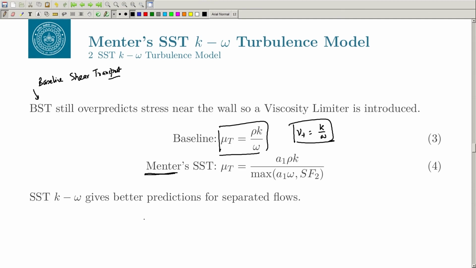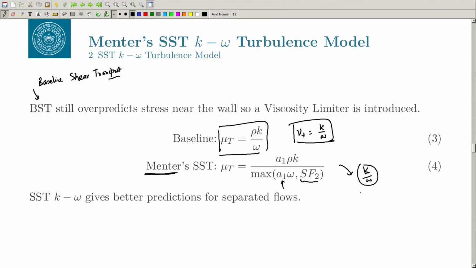So, he proposed later that we need to introduce some kind of viscosity limiter. You can see here there is a value called A1, and then there is another function called SF2. What it says is that in certain regions you can get the value of k by omega, but in some flows the eddy viscosity that you get from k by omega is very high.